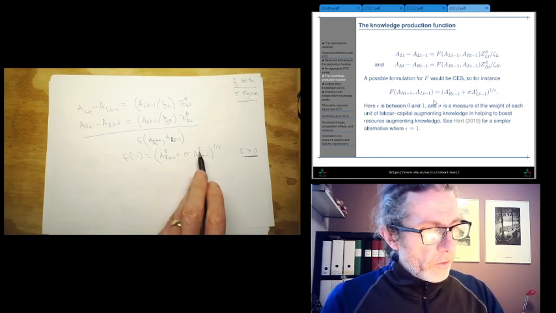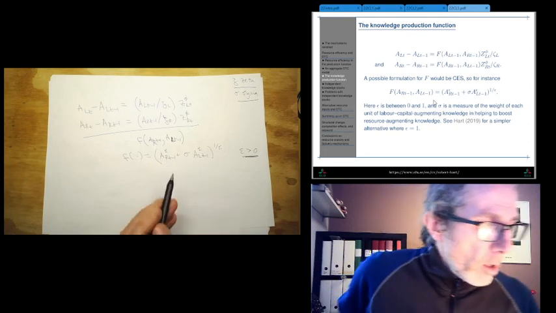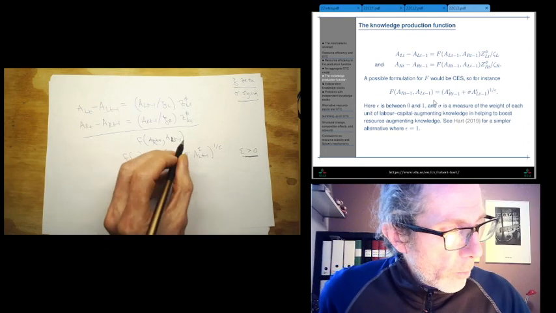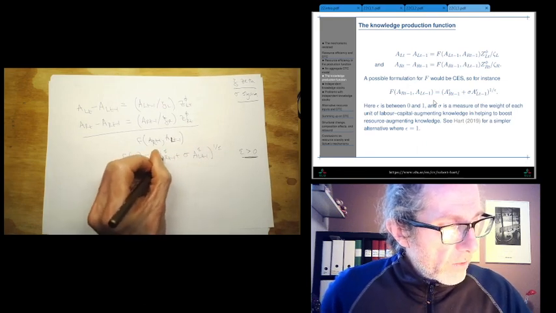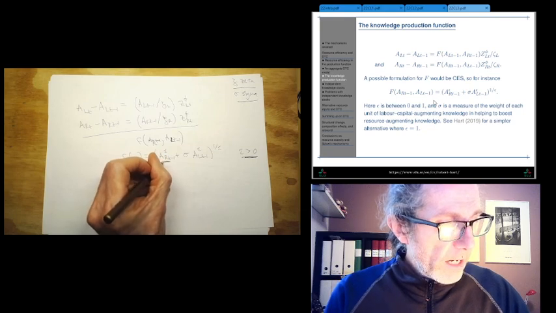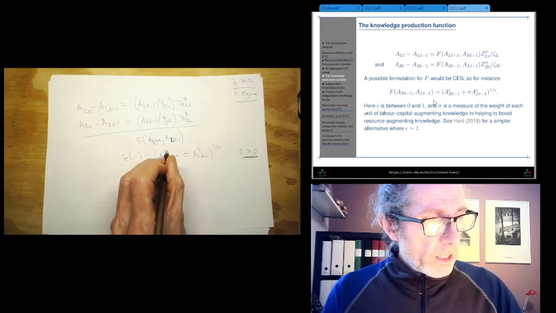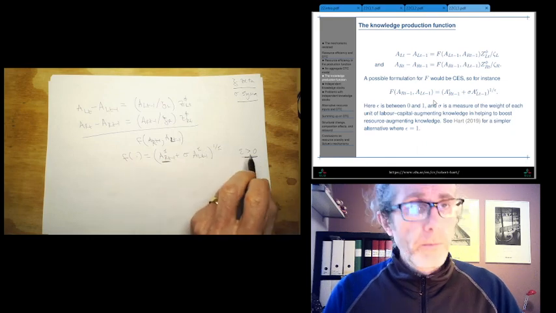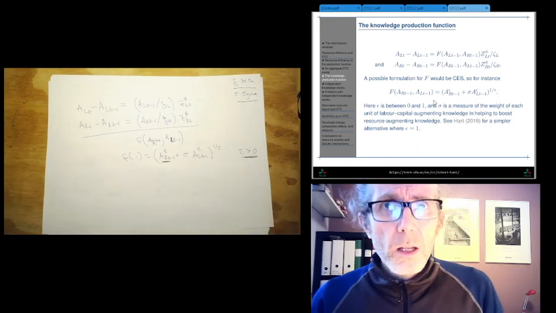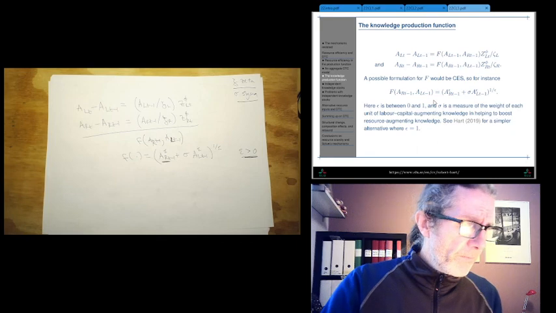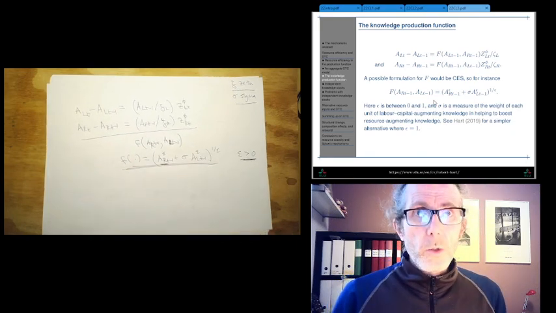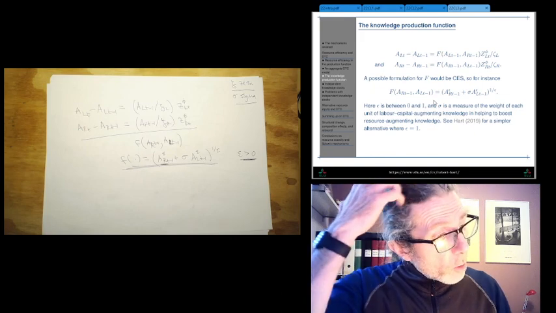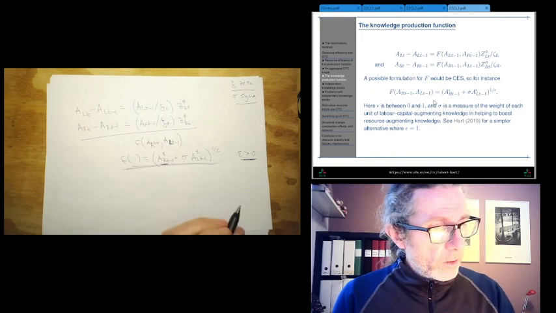But it could be also that the relative stocks make a lot of difference. So if we've got loads of knowledge out of sector and very little in sector, then this bit of knowledge in sector might be more valuable. That would be the case if epsilon is less than 1. Okay, so that is an example of a function that would work, that is more general than the independent stocks.